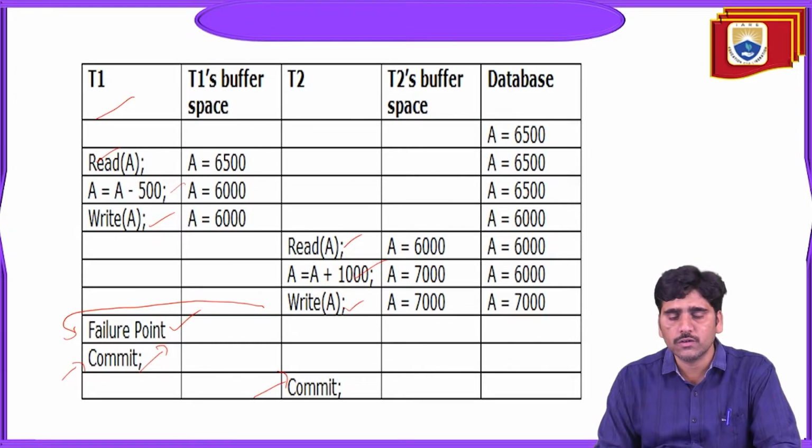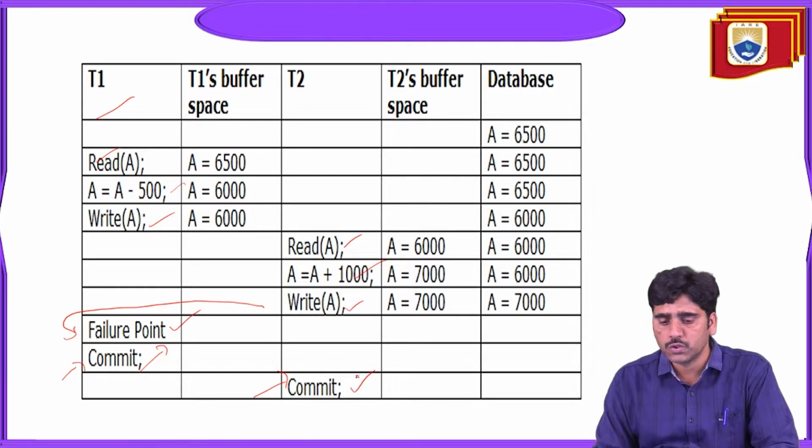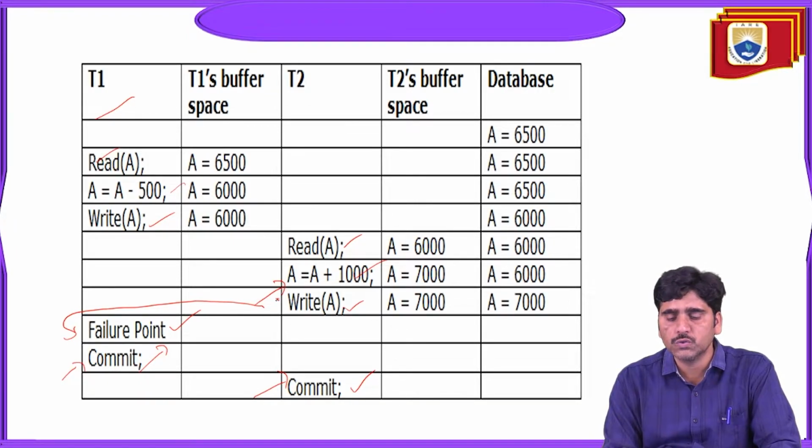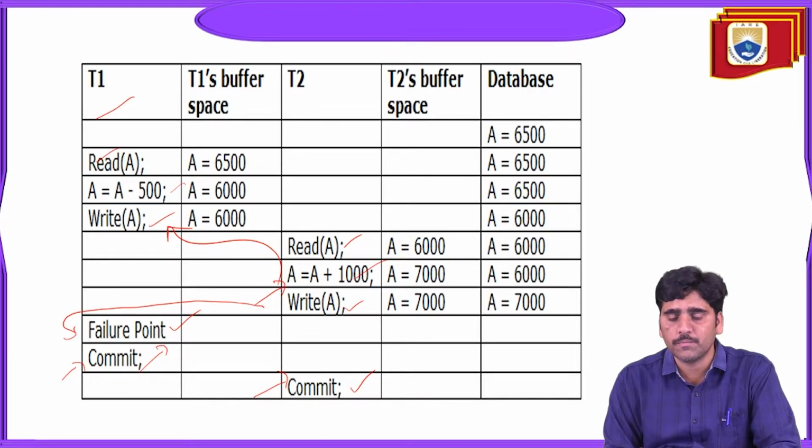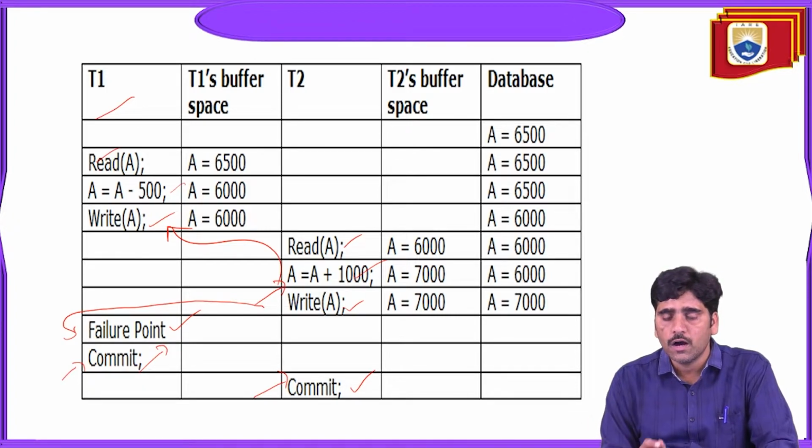But here, transaction 1 occurs with the failure point, and after committing transaction 1 only, transaction 2 is committed. So now you can recover transaction 2 as well as transaction 1 because they are dependent on each other and they are committed one after another.